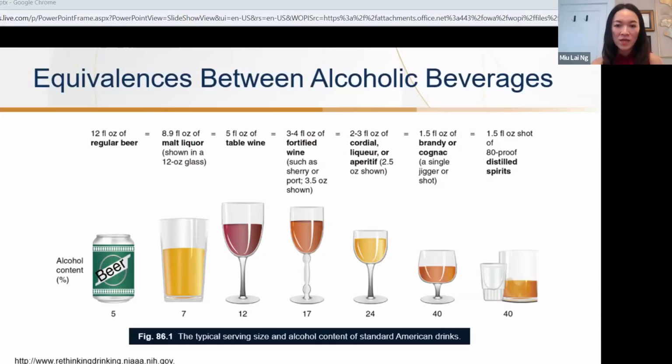For women, moderate to excessive use is defined as 140 to 350 grams per week, which is about 10 to 20 drinks per week. And for men, 210 to 420 grams per week, basically 15 to 30 drinks per week. This becomes clinically relevant when we assess MetALD.